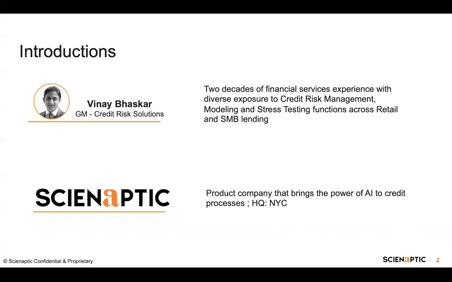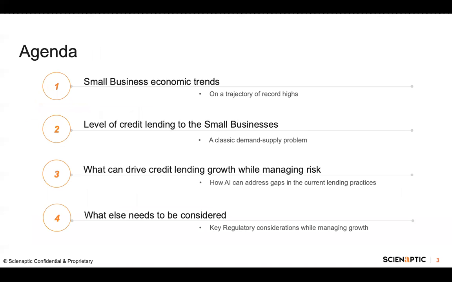So for this webinar, just to set the agenda, we are broadly going to look at four key themes. The first one, to give a good grounding on where small business trends are as of today compared to what was there in the past. The summary there, of course, is a trajectory at a record high, so we'll see where we are and why we are there.